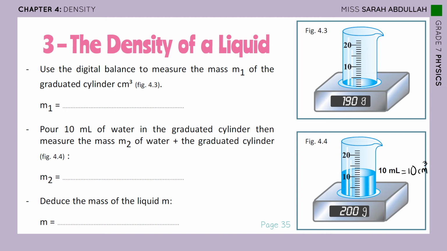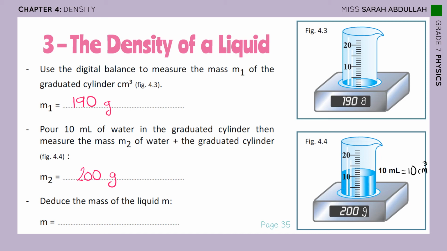So you can see M1 equals 190 grams. Now, this is the mass of the empty graduated cylinder. Now I'm gonna pour 10 milliliters of water in the graduated cylinder, and we're gonna find mass M2, which is the mass of the water plus the graduated cylinder, and it is 200 grams.